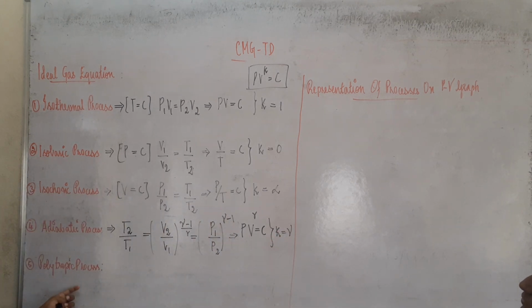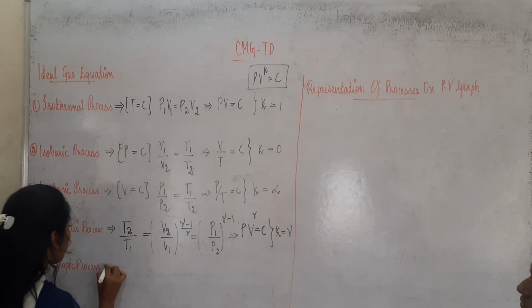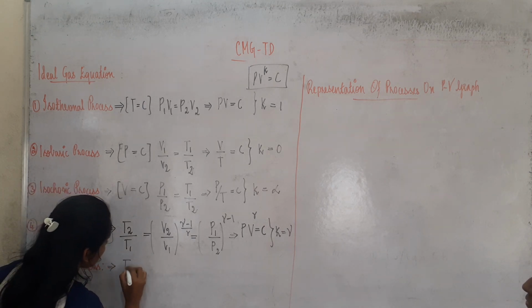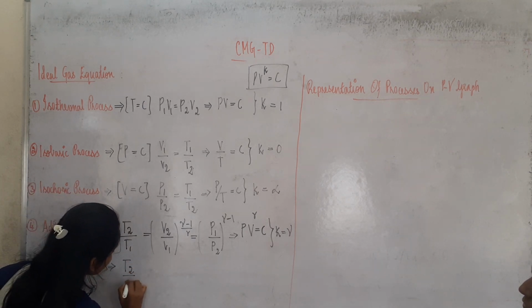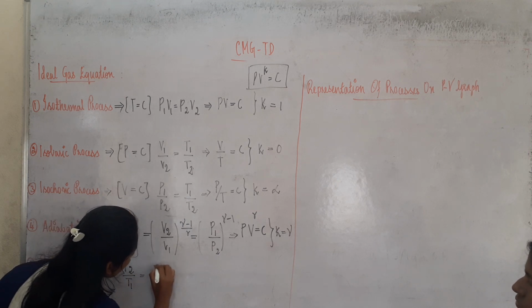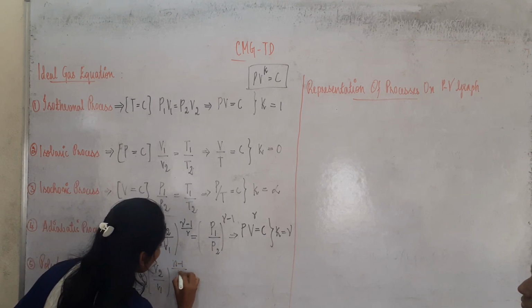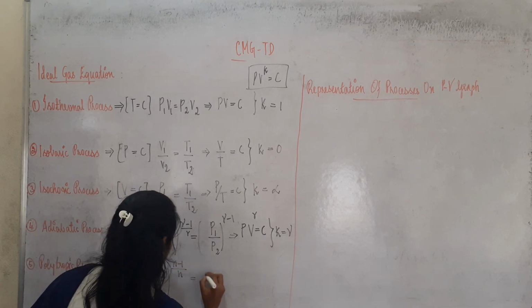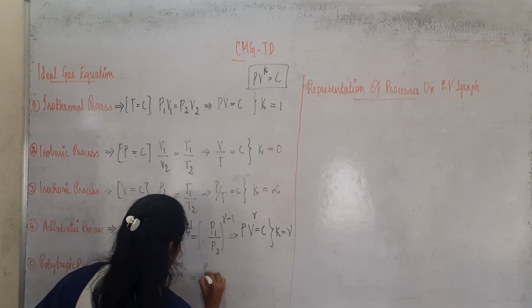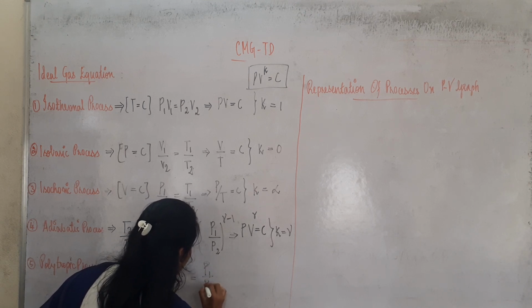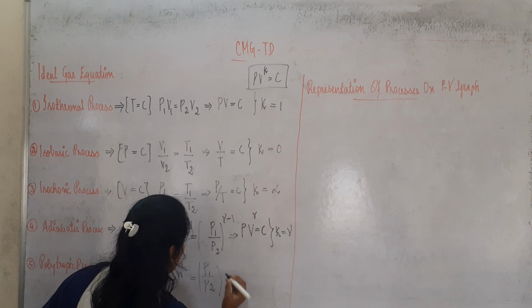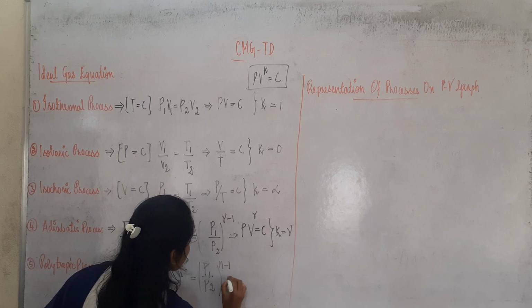So the last process is polytropic process. For polytropic process, the formula we get is T2 by T1 is equal to V2 by V1 to the power of n minus 1 by n, which is equal to P1 by P2 to the power of n minus 1.